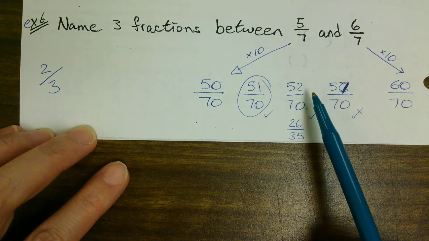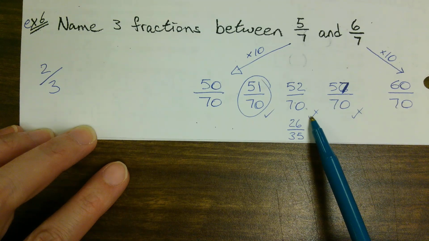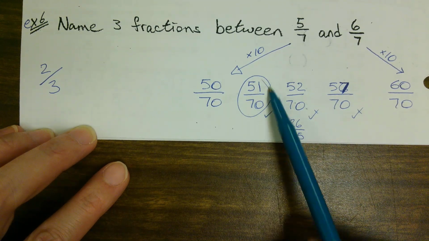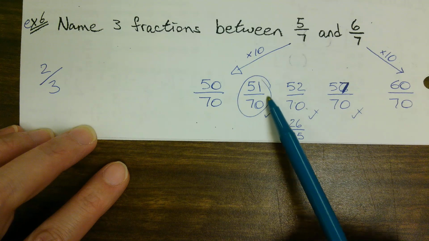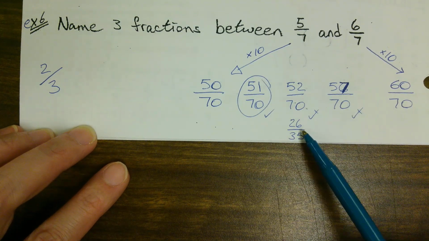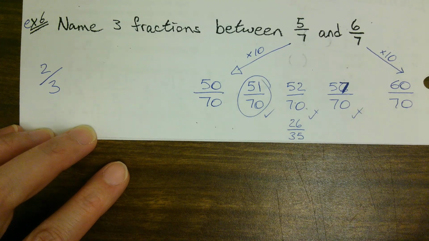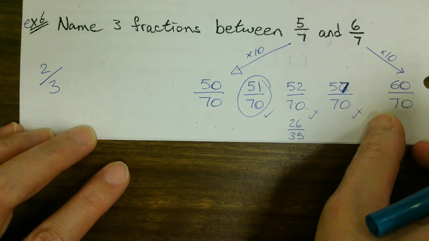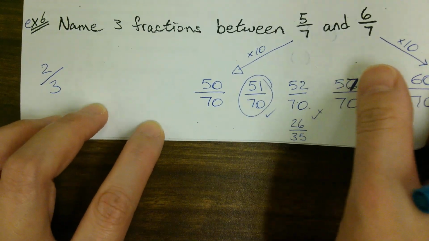So on the test, if you don't want to lose half a mark for not reducing, you can choose your prime numerators. So for example, 51 over 70 and 57 over 70. Those are ones that you could choose and not have to worry about reducing. Okay, so that's the lesson on operations of rational numbers.